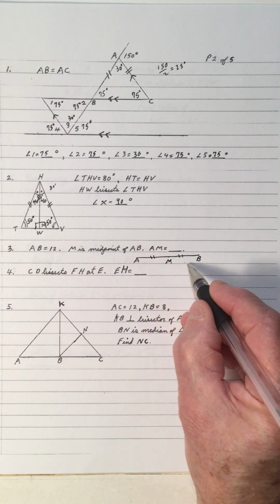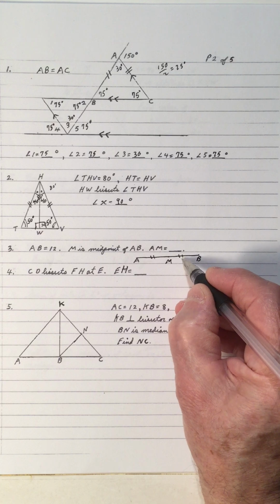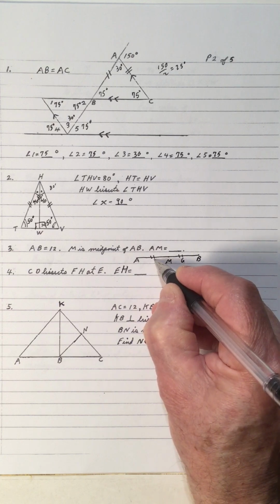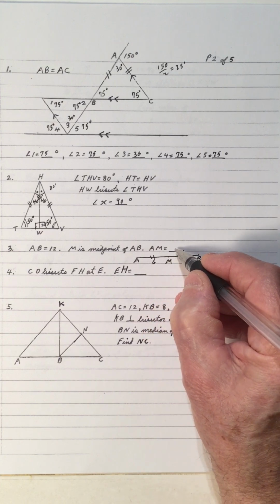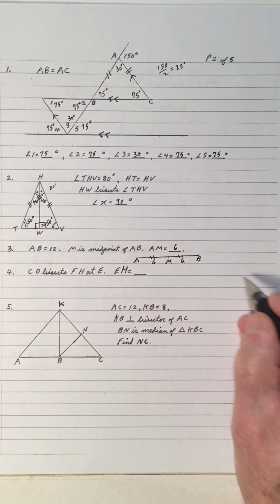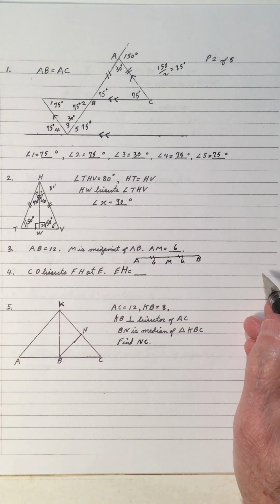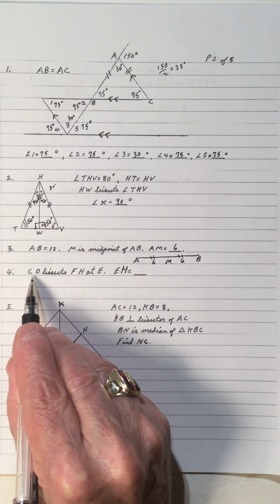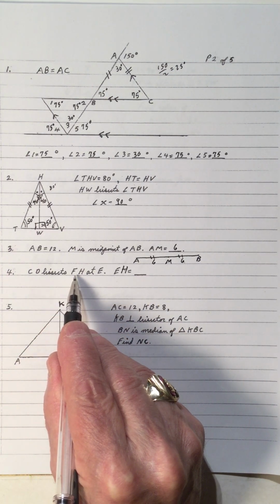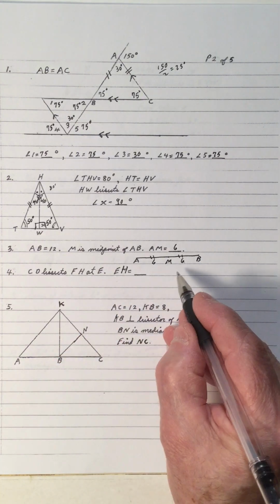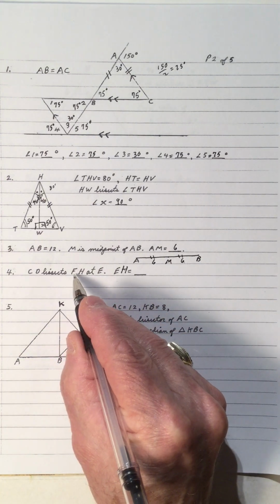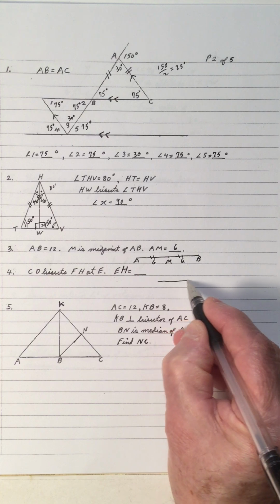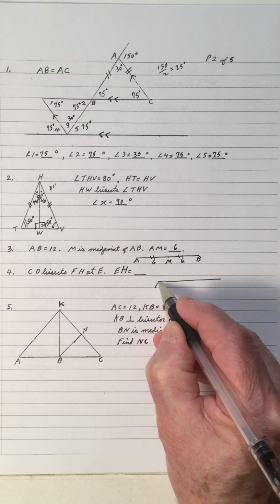So if this is 12 units long, and that's the midpoint, this must be 6, and this must be 6. So AM is 6 units long, because the midpoint is in the middle. And we have CD bisects FH at E, so let's say that's the segment FH.